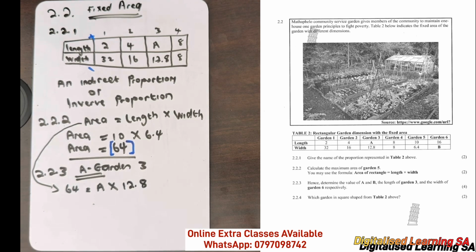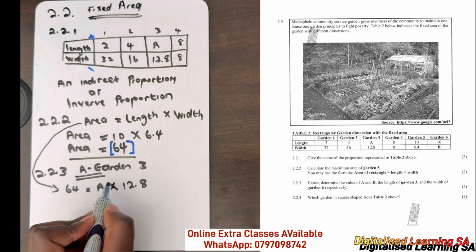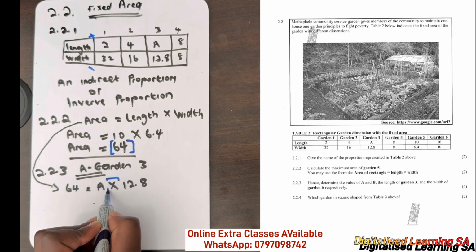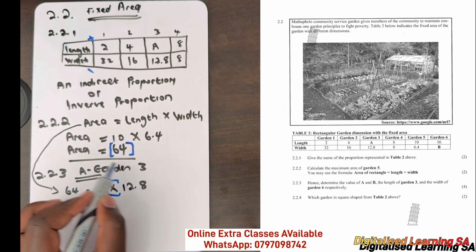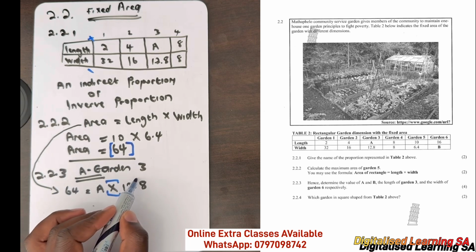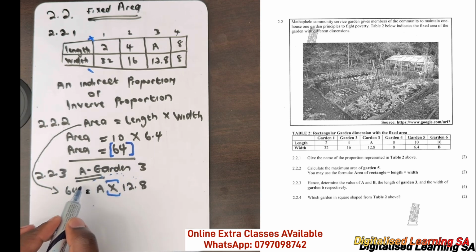And now I'm going to teach you a very important trick. In the middle we have a multiplication sign. If we want to remain with A, we don't take 12.8 to the other side.